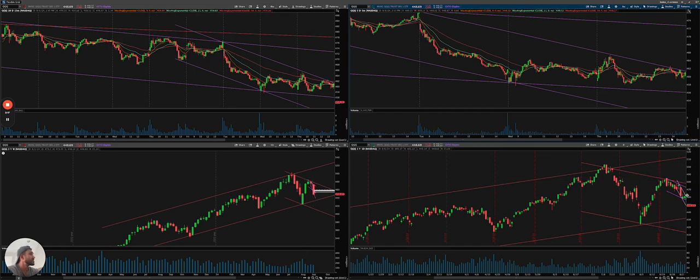So my initial thesis for Friday was that if the market even rallies, it's going to be a small rally, and if it shows us some strength, we could possibly take a move up to the lower highs of the channel.